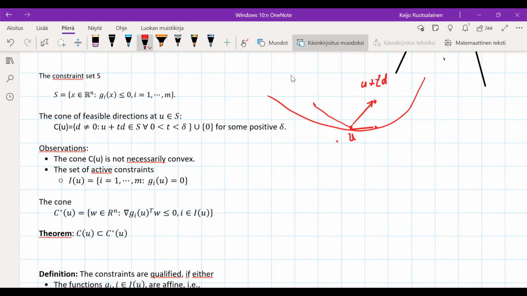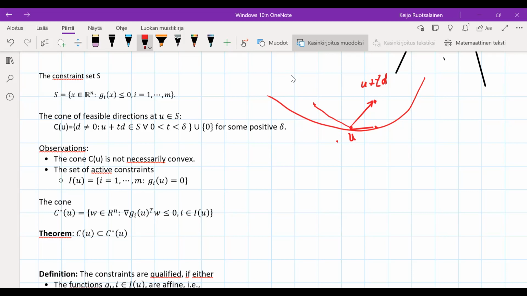So what is in this case? For example, I have here a smooth curve. What is the cone of feasible directions for this? We have just one function. It is the half space, because I can take any direction on the boundary curve.